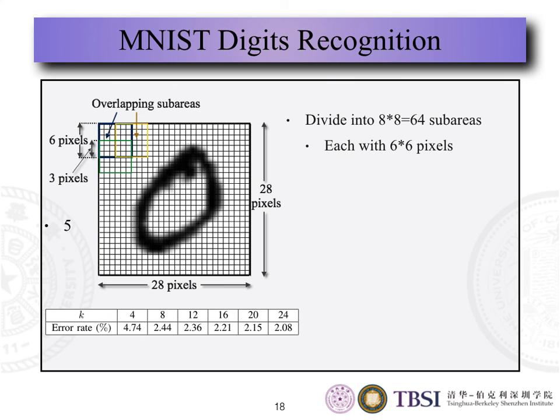Now, as a real experimental example, we apply the MACE algorithm to the MNIST problem. In this experiment, we divide each image into 64 subareas, where each subarea has 36 pixels. Then we quantize each subarea to a discrete variable. And then we apply the MACE algorithm to compute the top k eigenvectors, which gives a 64k-dimensional feature.